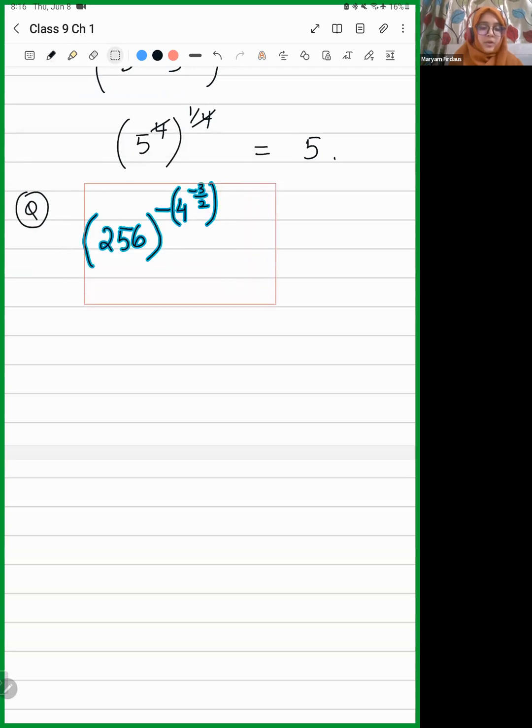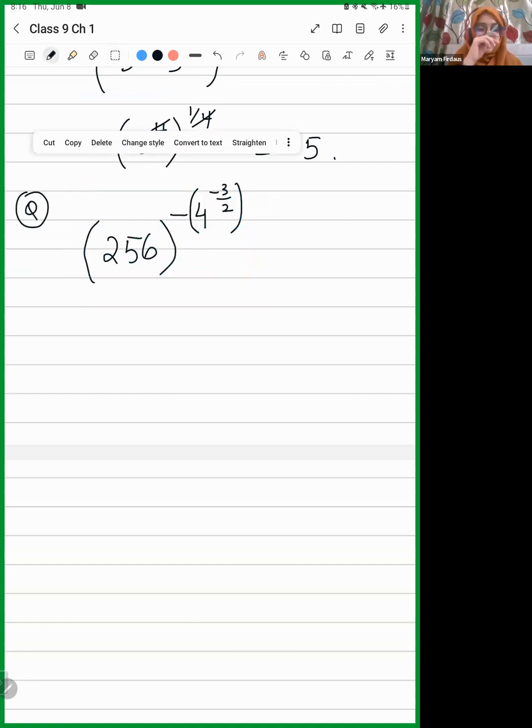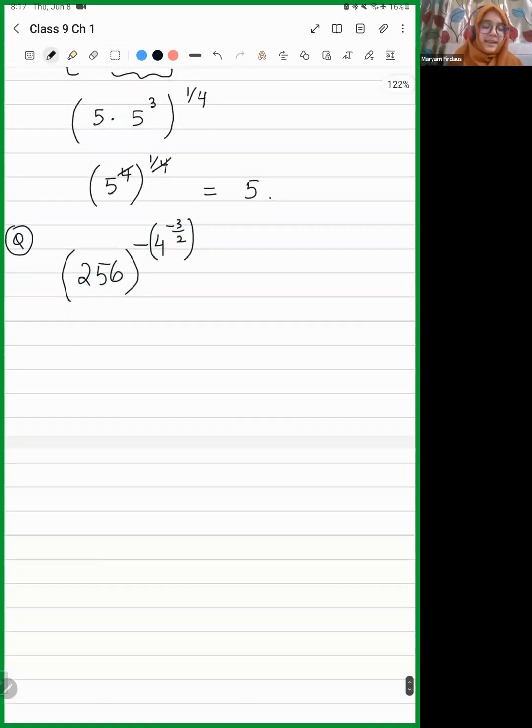See, before we do that, let me give you a small piece of advice. Let's try to clear up this power first. So can we write this 4 as something else? Root 2 square. So 256 to the power minus, and now in the bracket we have 2 square to the power 3 by 2.